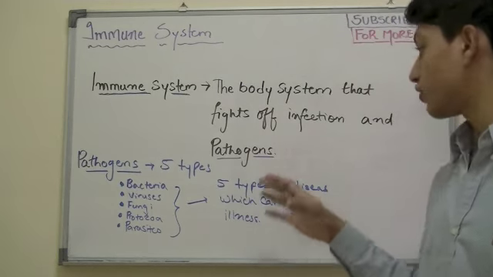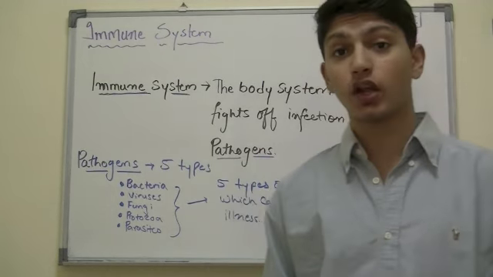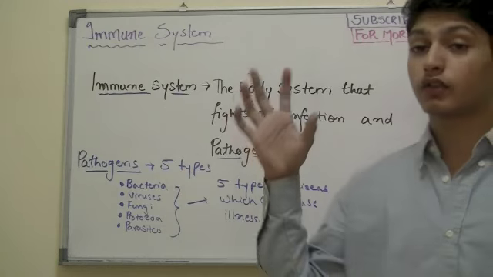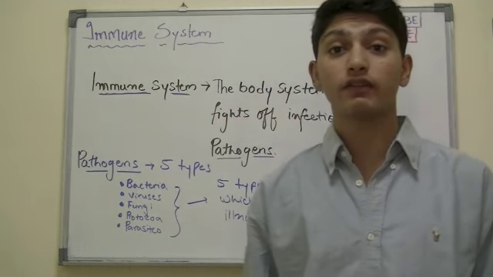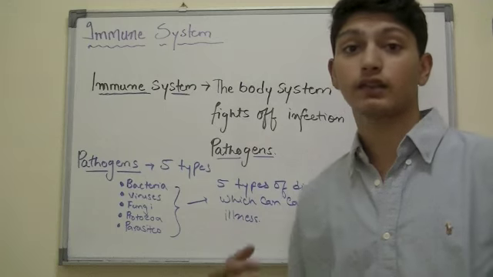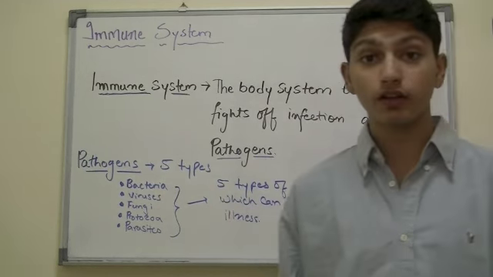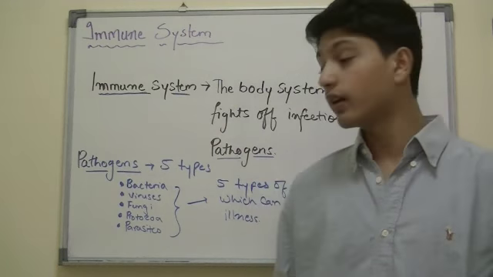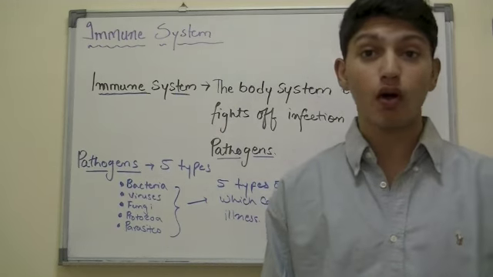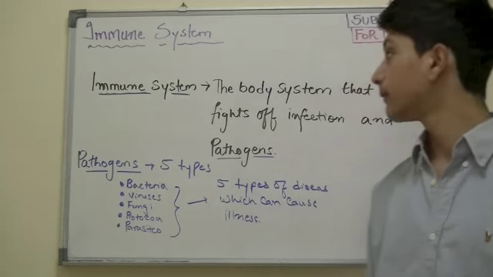So whenever the word pathogen is mentioned, you know it's talking about those 5 categories, which are bacterial disease, fungi, viruses, protozoa, and parasites.